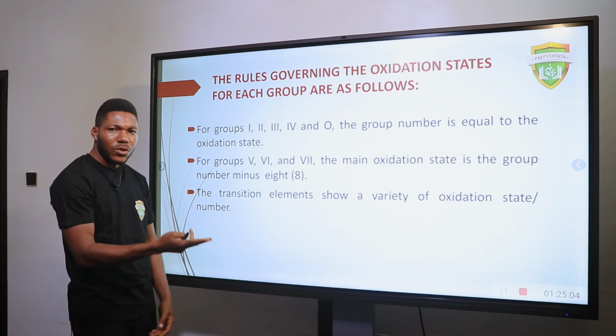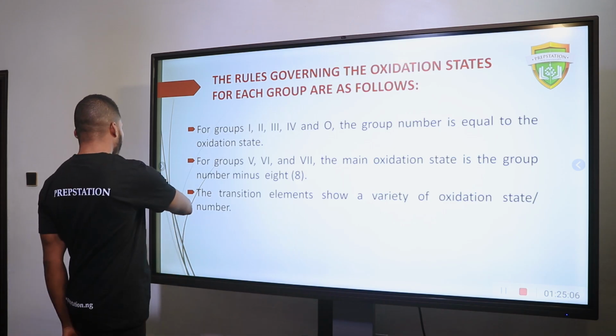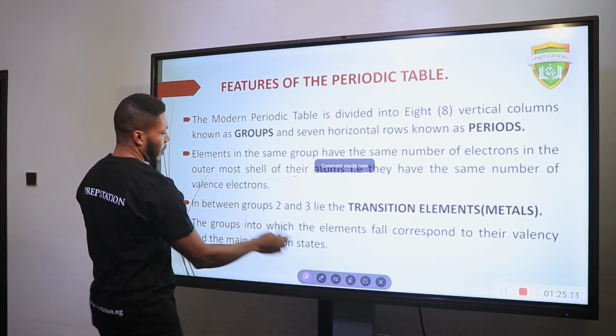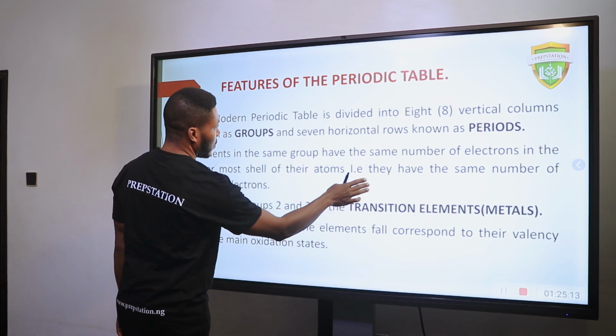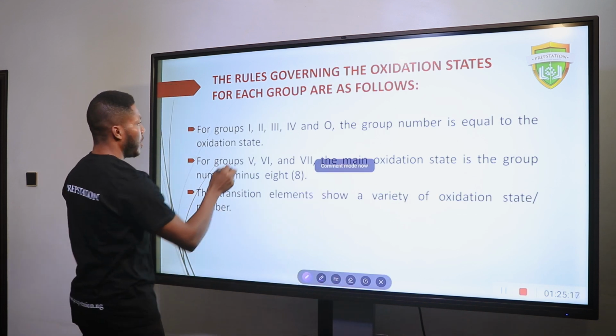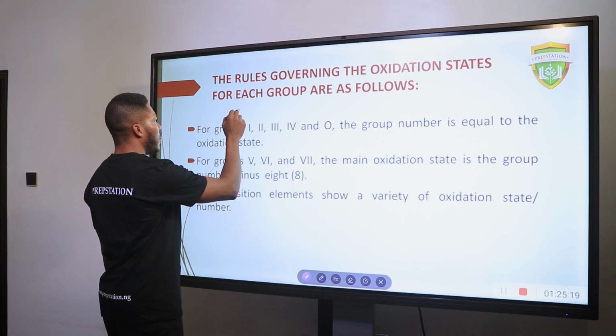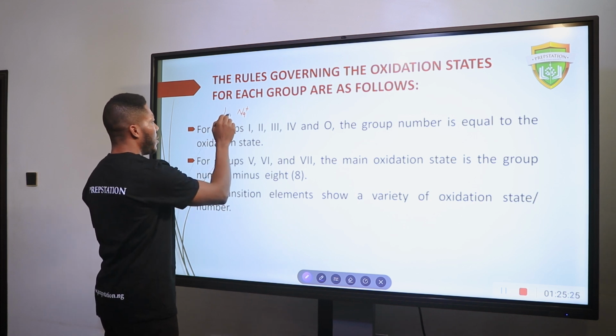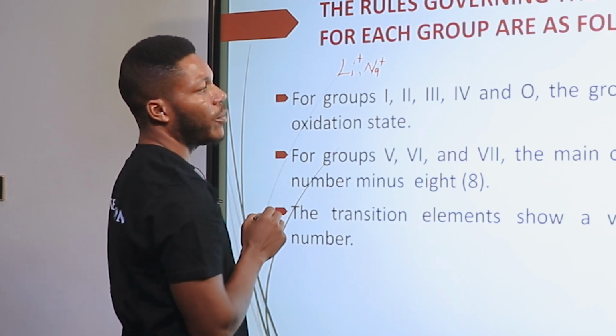For example, lithium, sodium. Sodium is in group 1, charge of +1. Lithium is in group 1, charge of +1.